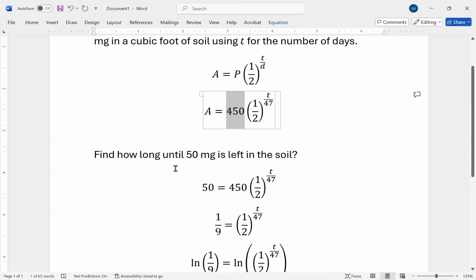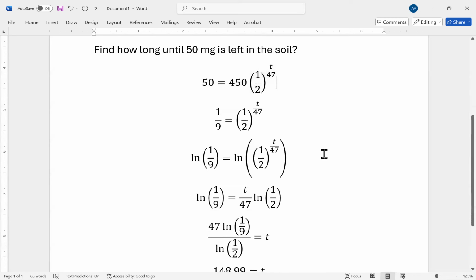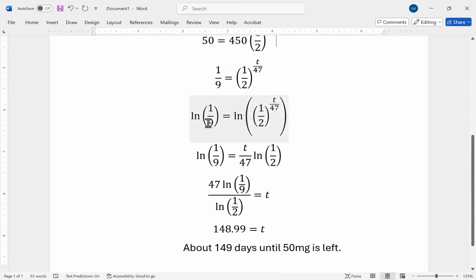And the question was, how long until 50 milligrams is left? So just solve this exponential equation. Again, I use natural log on both sides to solve. If you use log base 1/2, then it works out the exact same way in terms of the answer you get, but the process is slightly different.